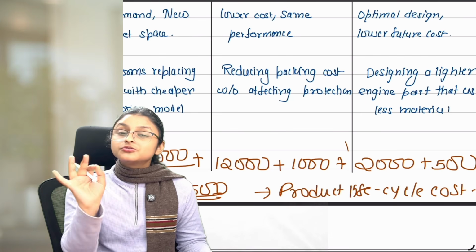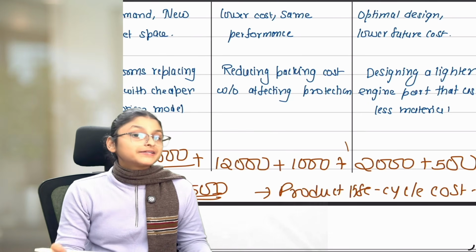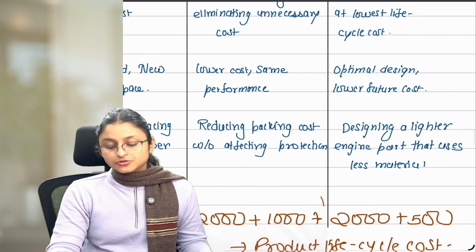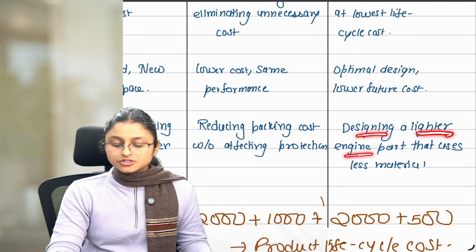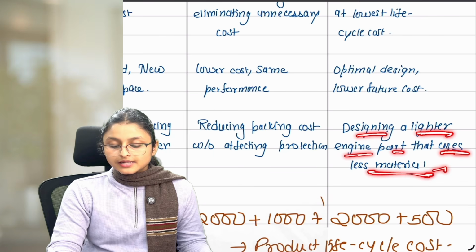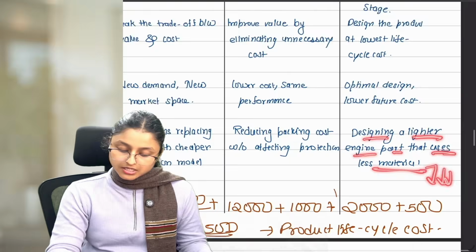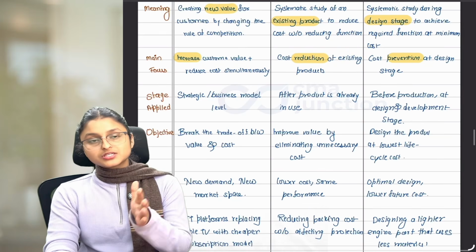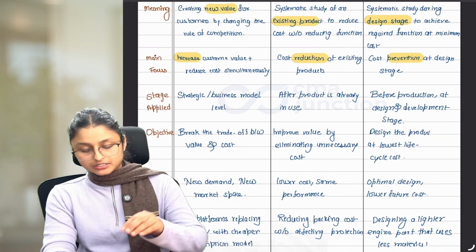So you were able to reduce the cost without impacting the function, and that is what value analysis does. And in value engineering, we are designing a lighter engine part that uses less material. Less material means less cost.